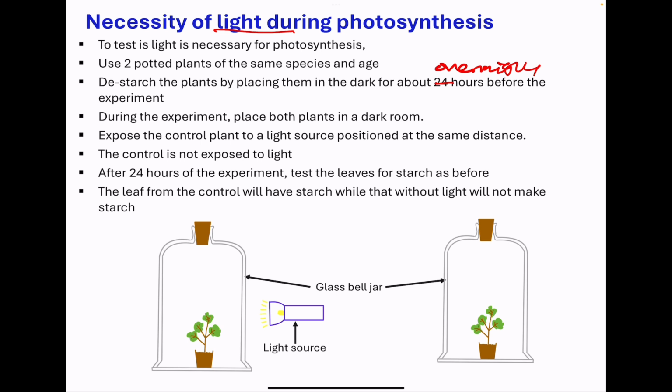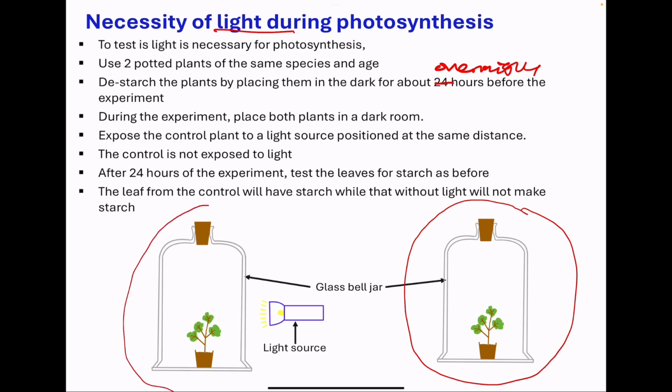And during the experiment, both plants are going to be kept in the dark. This one is not going to be exposed to sunlight or light, but this one here is going to be exposed to light from one source. Like here, this is a light source, so that we can control the amount of light that this plant is exposed to. So in this experiment, the light source is going to be placed at the same distance from the experimental setup.